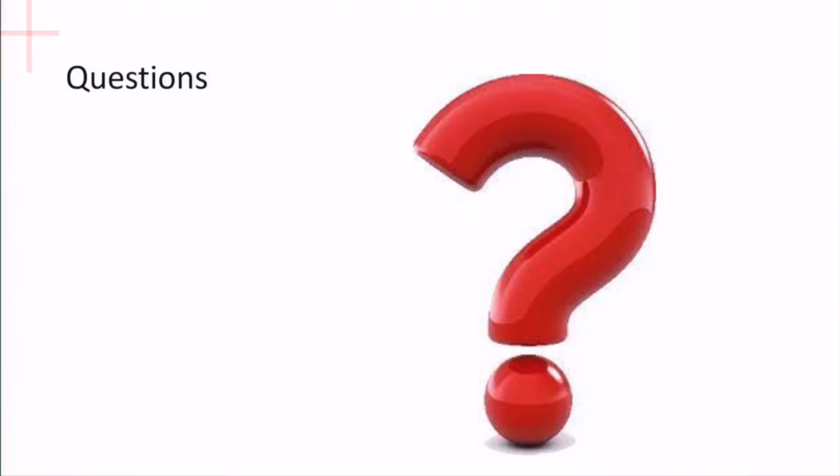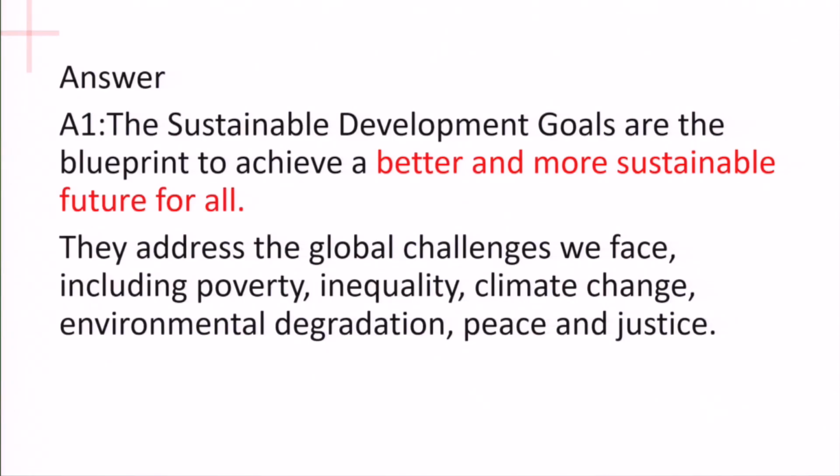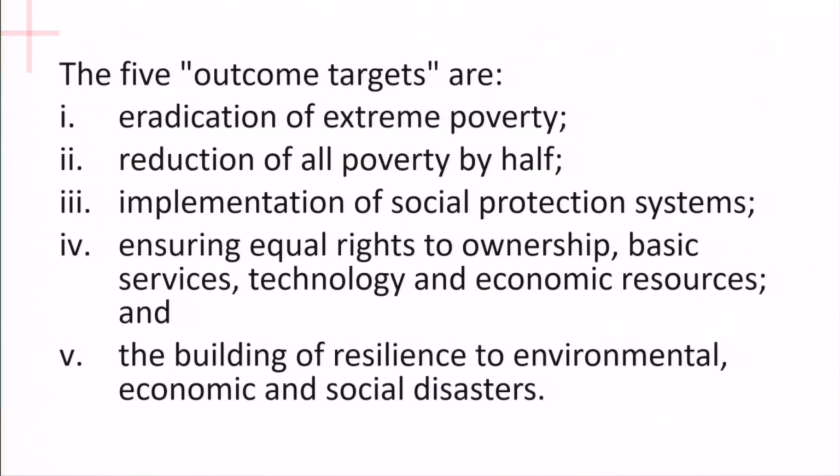Now, let us see some questions and answers regarding this topic. Question 1, what is the main target of SDG? The Sustainable Development Goals are the blueprint to achieve a better and more sustainable future. They address the global challenges that we face, including poverty, inequality, climate change, environmental degradation, peace and justice.